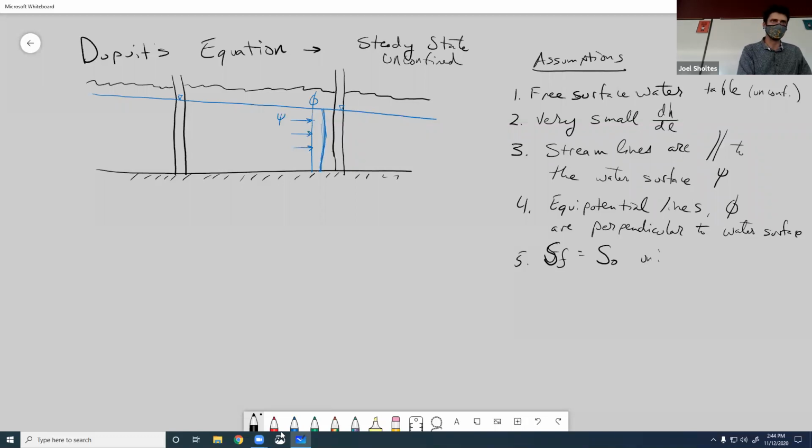So this is uniform flow, and we saw this in open channel hydraulics. This would be the slope of the hydraulic grade line, and this is the slope of the water surface. The hydraulic grade line is going to be equal to the water surface for an unconfined aquifer.